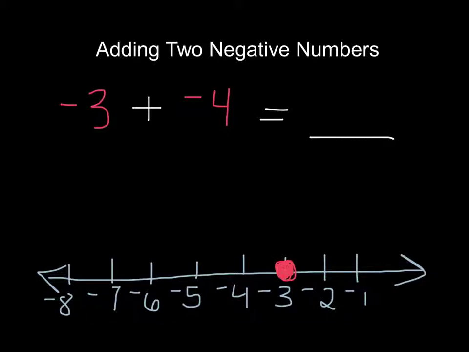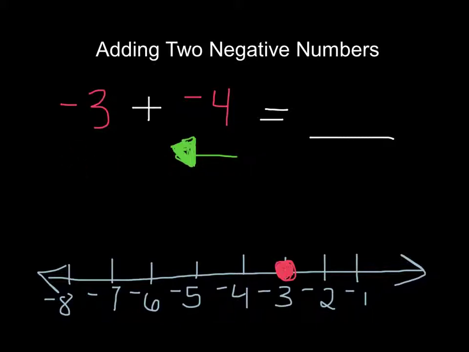From here, because I am adding a negative number, I will move in the left direction. This is notably different than what we just did before when we were adding positive numbers. When you're adding a negative number on the number line, you always want to move in the left direction, okay?